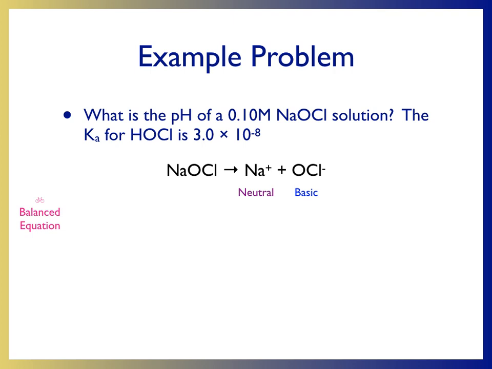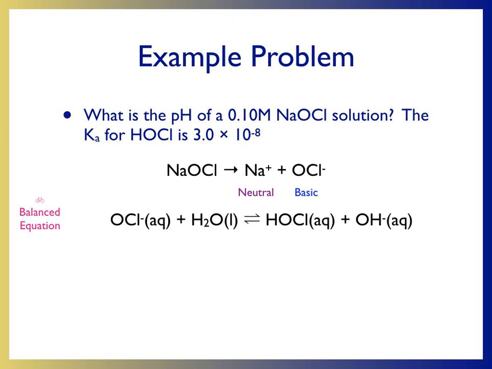That is, the proton transfer reaction between the hypochlorite ion and water. Since we know that hypochlorite is a weak base, it'll behave as the base in the reaction and accept a proton from water to form hypochlorous acid and the hydroxide ion. The hydroxide ion concentration at equilibrium will allow us to determine the pH.